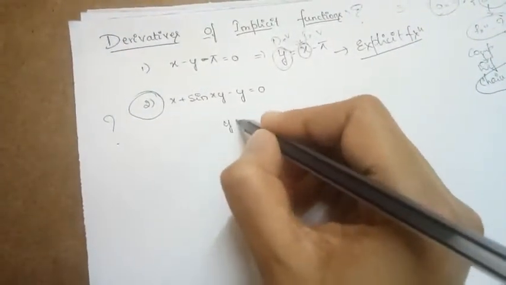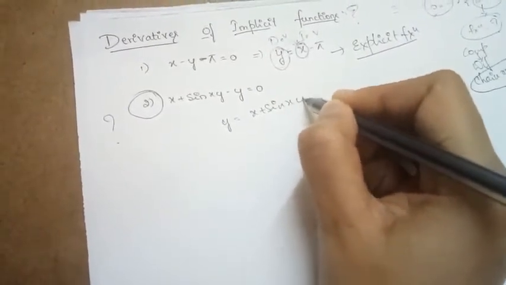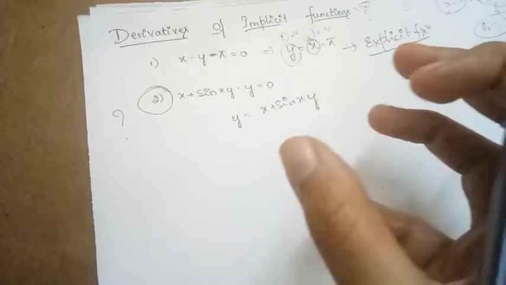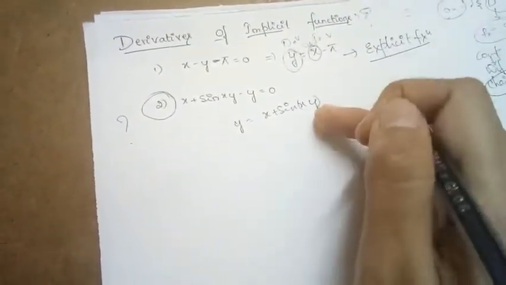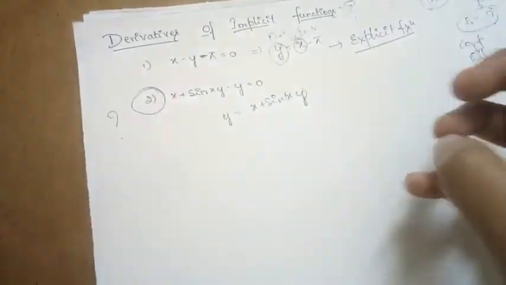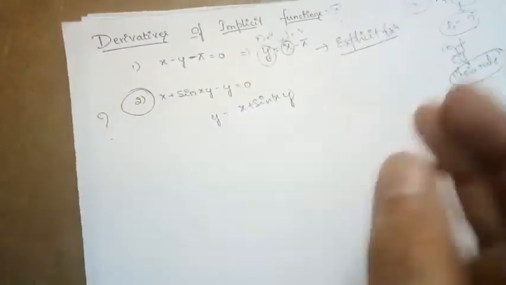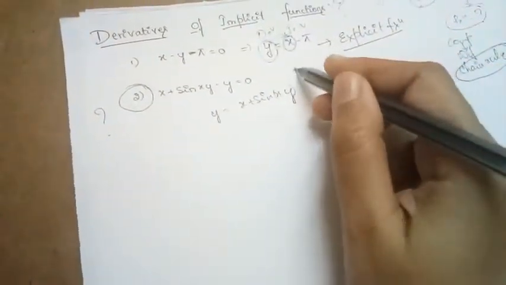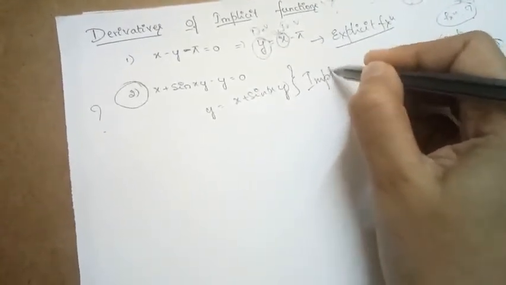Suppose you try, you can write y is equal to x plus sine xy, but y is also inside the sine, because here y is part of the angle of the sine function. So you can't separate this y from this equation, or you cannot isolate the dependent variable on one side. Such types of equations are called implicit functions.